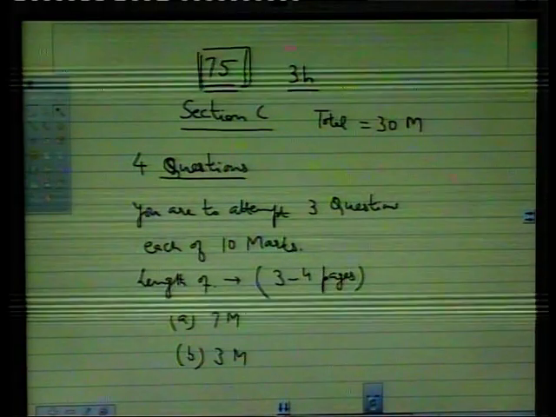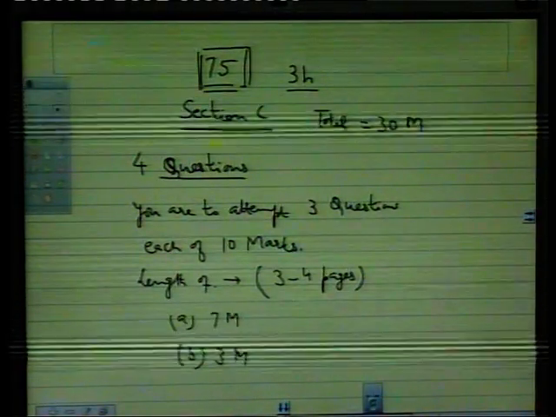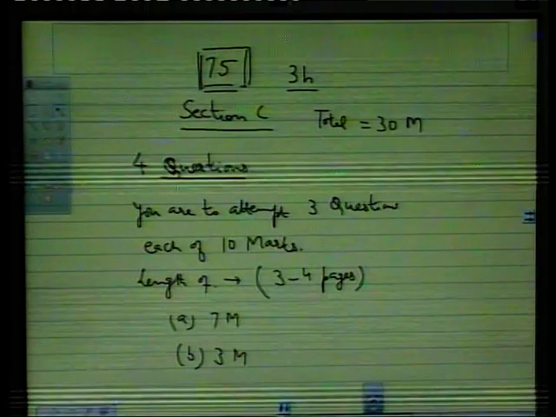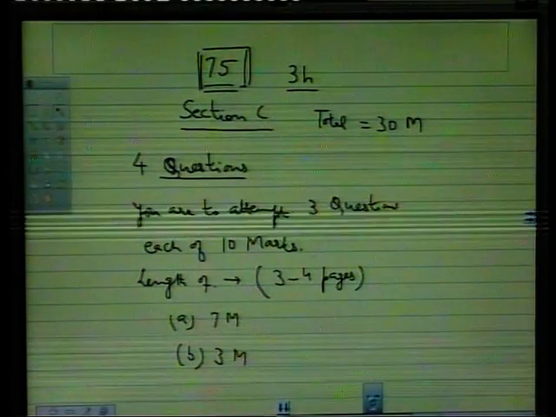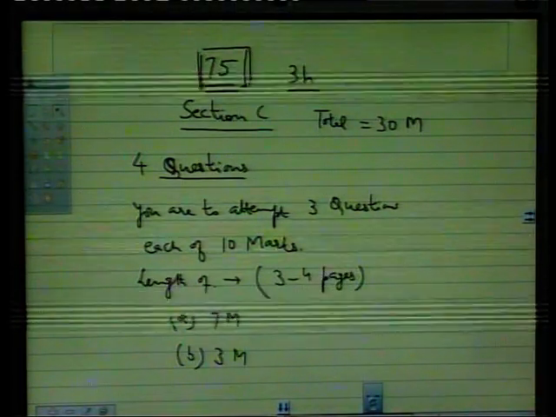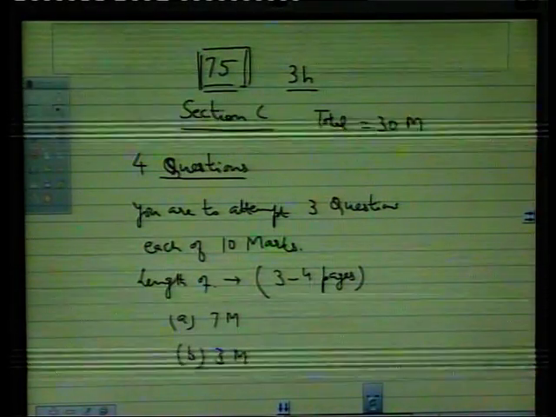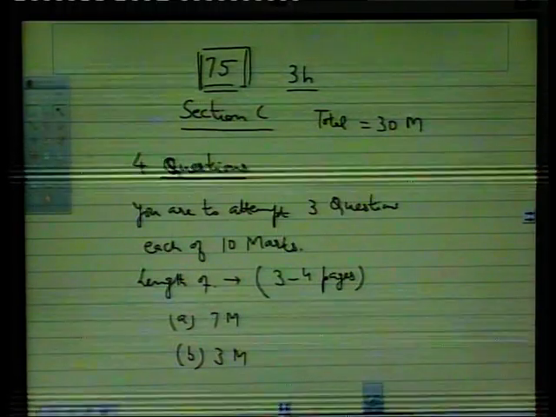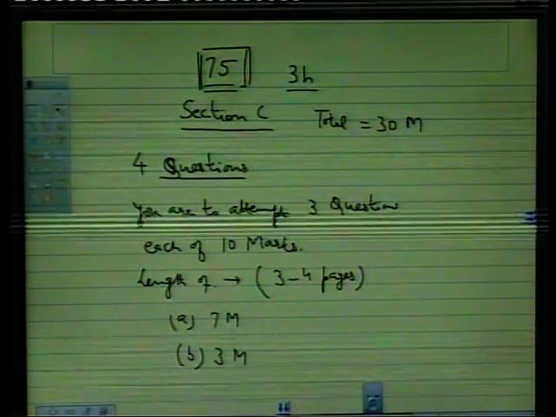So, you must complete the whole of the paper in 3 hours, and to score maximum marks you must have the idea of the model test paper, the structure of the paper and how to solve.